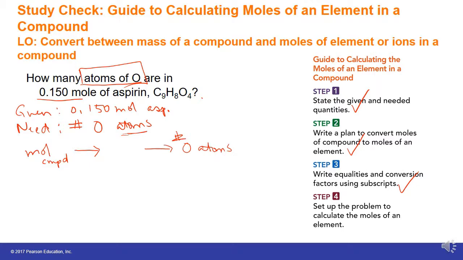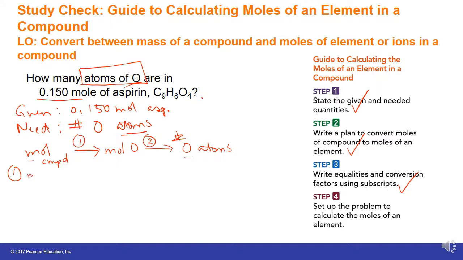Well, we can't compare moles of compound to oxygen atoms. We've got to figure out a way to get from moles of compound to the moles of oxygen. So we've got to determine the moles of oxygen. So we've got 2 steps here. At step 1, what conversion are we going to use to get from the moles of the compound to the moles of oxygen?